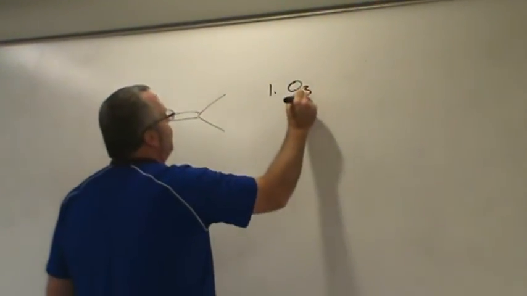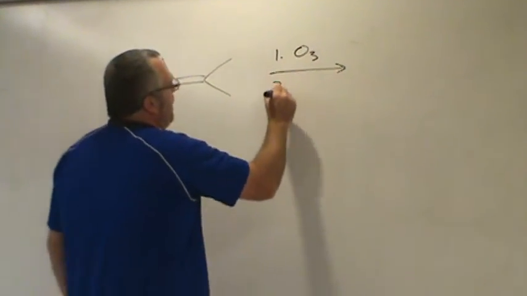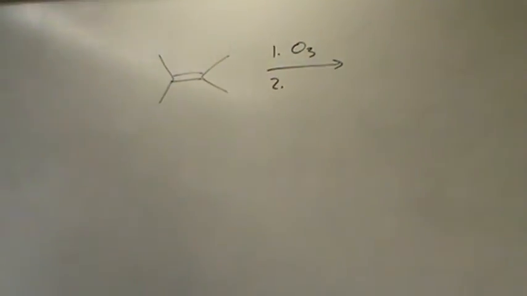In an ozonolysis reaction, I'll just give you a simple example here. You start with an alkene, and the alkene we're going to treat with ozone in the first step. Ozone is O3. In the second step, if you go back to your notes from Organic Chemistry 1, you recognize that we can actually do a workup in one of 2 different ways.